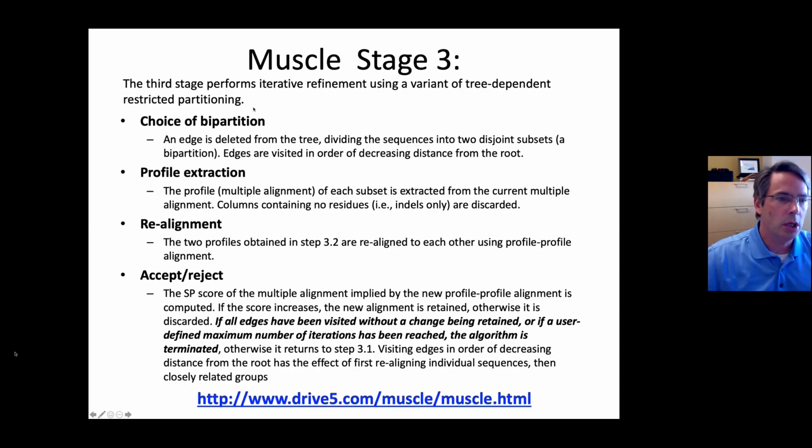And then you move on to stage 3, okay? And this is where MUSCLE will break up the tree. And so it's basically subsampling different parts of the tree just to see if it stays consistent. So it will break the tree.